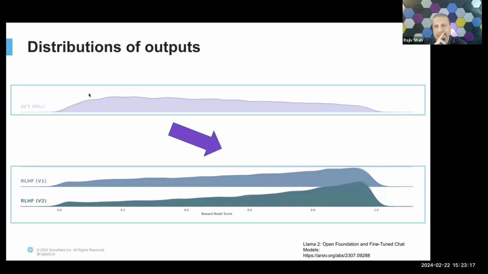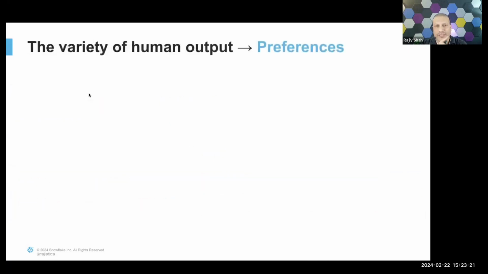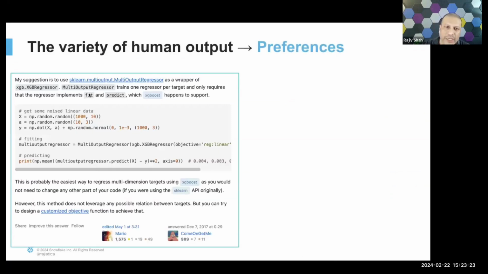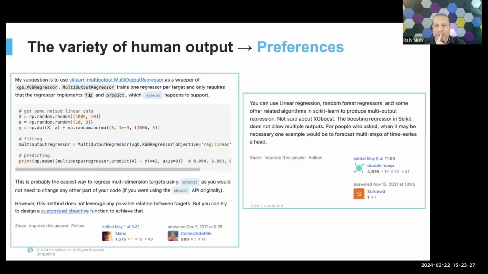And if you think about this, it's not a simple problem. If you really stare at what the qualities are of a good answer versus a bad answer, put on your data science cap, and if you had to engineer features, if you had to tell a model, hey, this is what makes a good quality answer versus a bad quality answer, this is not the easiest thing to do.